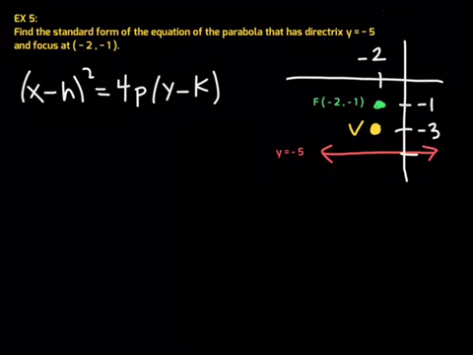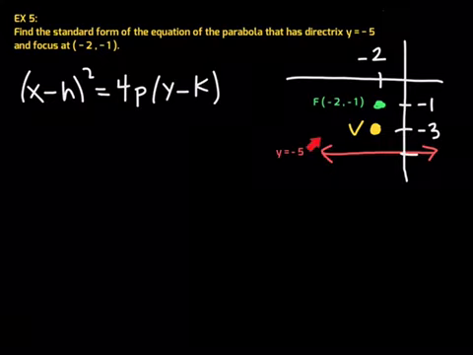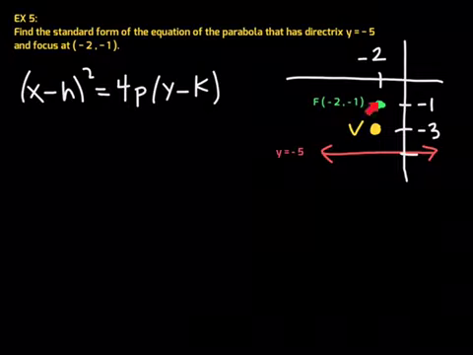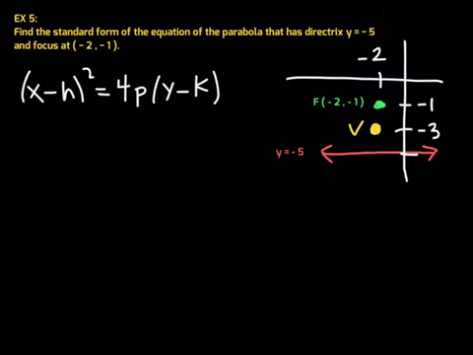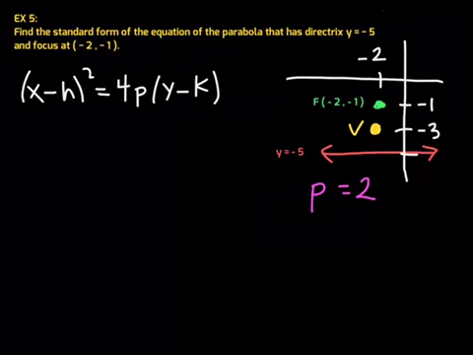You can also determine this another way. The distance between the directrix and the focus is 4 units. In order to go from the focus down to the directrix, that's 4 units altogether. That must mean that right in the middle would be 2 units. So this tells me right now that p must be equal to 2, and it's positive 2 because this parabola is going upward.